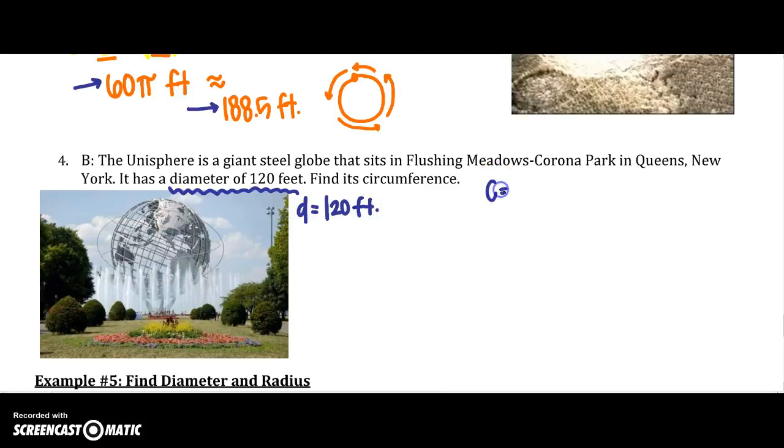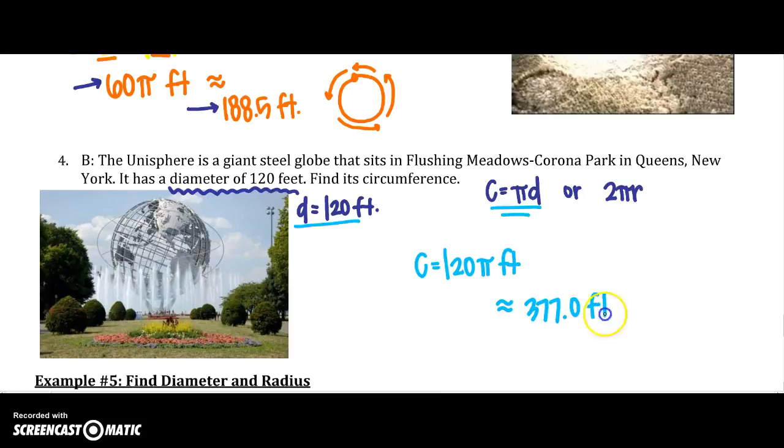Alright, so my circumference can equal pi times my diameter, or 2 pi r. Again, since I have my diameter, I'm going to use this one. So my circumference can equal 120 pi feet. I can leave it that way, or it can be approximately 377.0 feet.